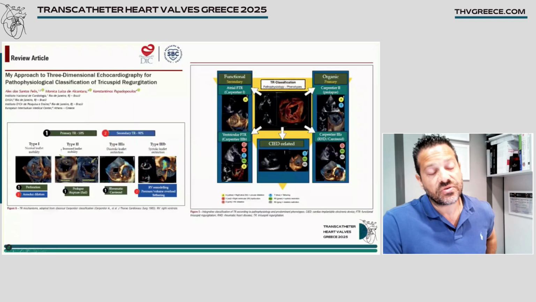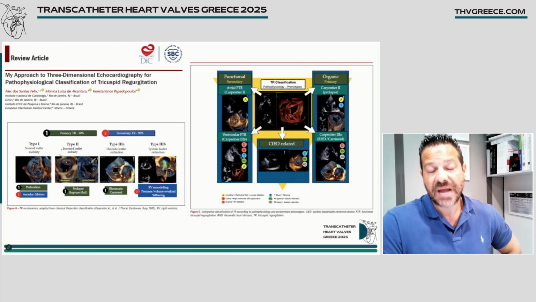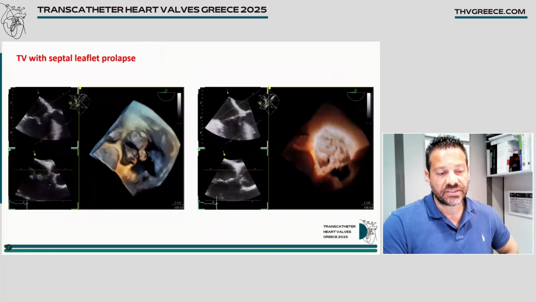Classification of TR is also very important. We know that we have ventricular or atrial functional TR, but we also have organic primary TR cases due to prolapse, rheumatic disease or carcinoid, and we also have a specific subgroup of patients with implantable electronic devices.